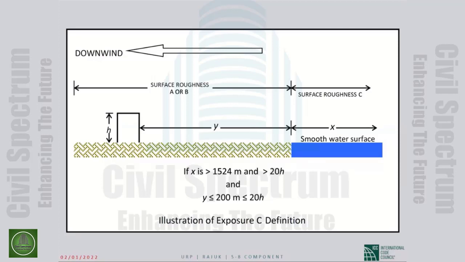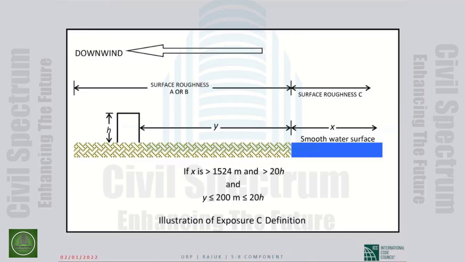Anyway, the point I'm trying to make is that on a river, if your site is on a river, you probably will not have exposure C. It is not a large enough body of water. The body of water has to have this minimum extent of 1524 meters or 20 times the building height.